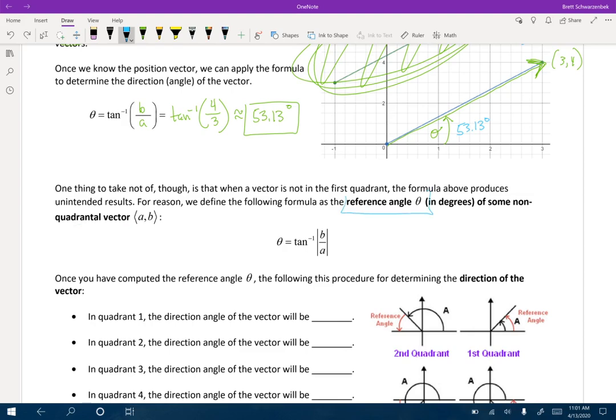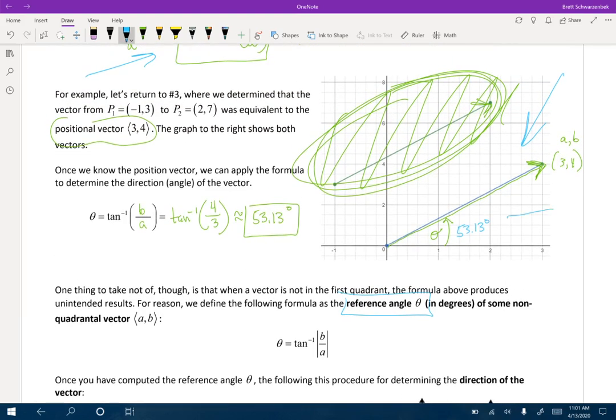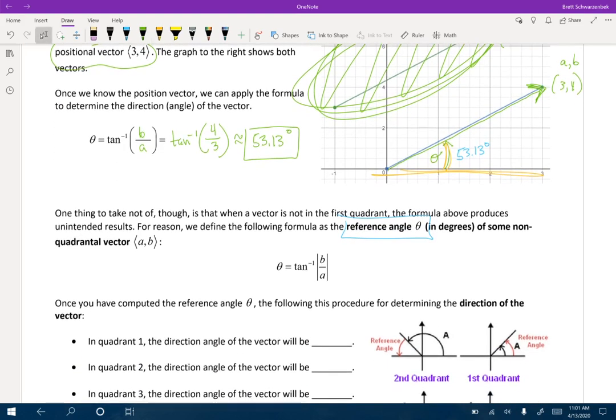If you look back at our problem, isn't this angle the reference angle, as if this was a triangle? Hopefully you remember reference angles are always drawn to the x-axis. Remember, to the x-axis.